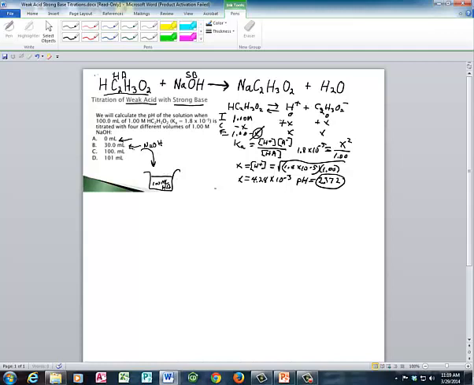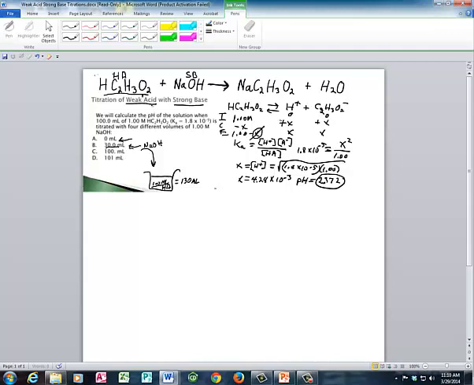And my new volume is going to be the 30 milliliters plus the 100 milliliters of weak acid. That gives me a new solution volume of 30 plus 100, or 130 milliliters. That dilutes my concentration of both sodium hydroxide and my weak acid, acetic acid.